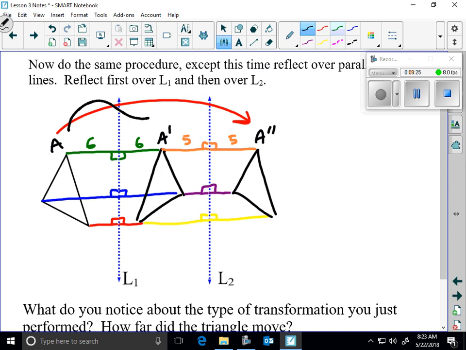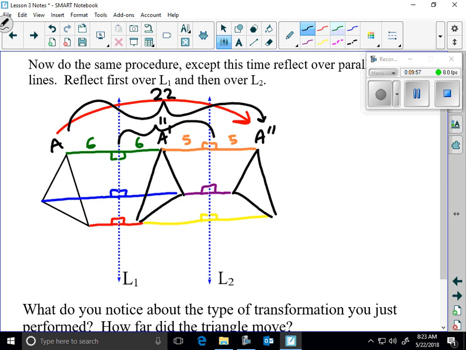What would this distance here be? 22, right? Okay, now what is the distance between the parallel lines? 11. Wait, is it always double? Yes. So if you reflect an image over 2 parallel lines, one then the other, regardless of order, the distance between the 2 lines is half of the distance of that final translation.